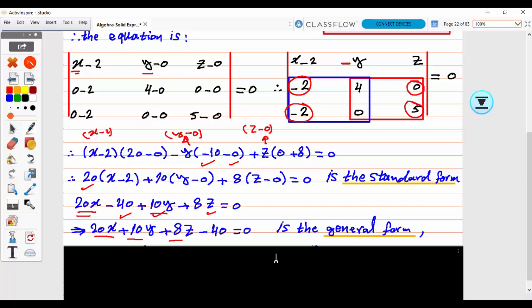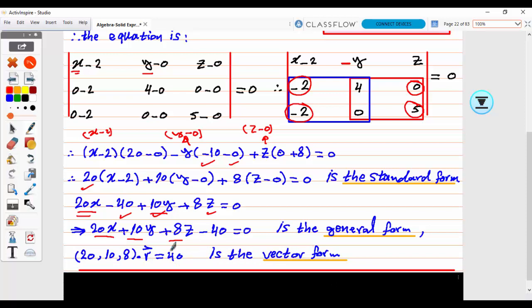Okay, what is the last form? It is the vector form. For the vector form, we take the coefficients of x, y, and z. It's 20, 10, and 8, dot r. R is x, y, and z, equals negative 40, it will be positive 40 here. And this is the vector form.